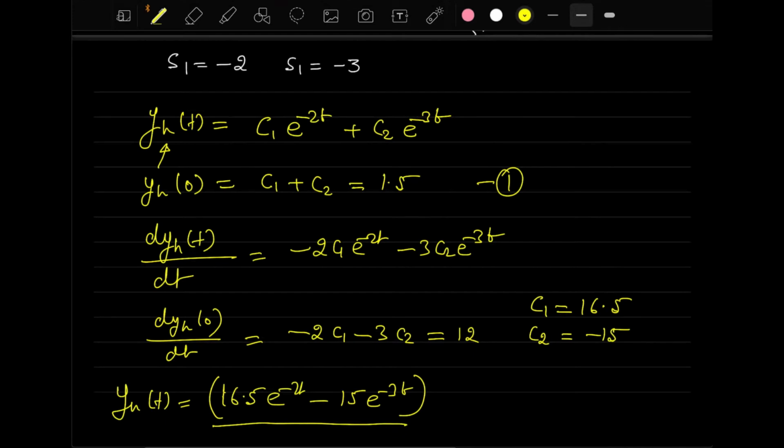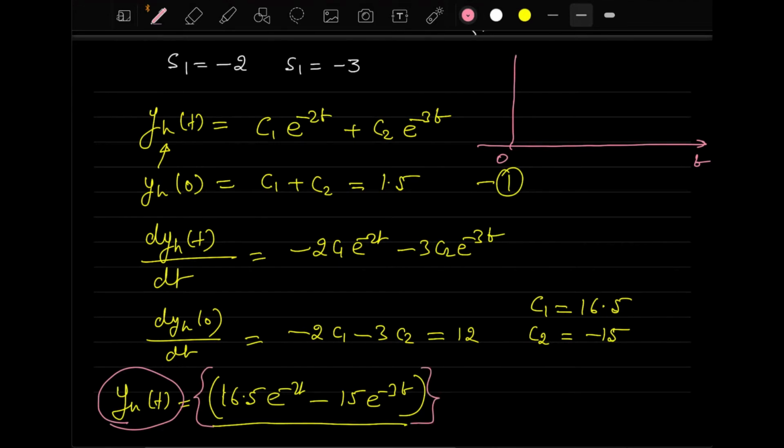Now what I want to point out here is the importance of the natural response. The importance is that if you plot this yh(t), it will look like this. If this is the time axis and this is, let us say, 0, then if you plot this curve, it will look something like this, and it will go to 0 after some time t.